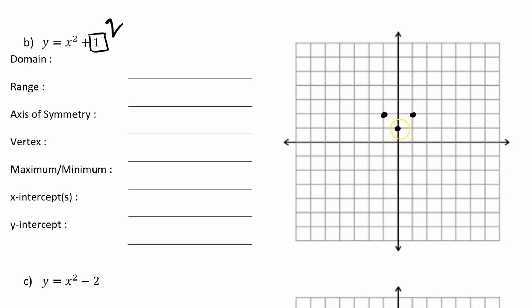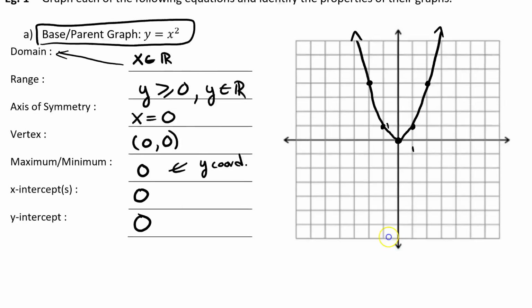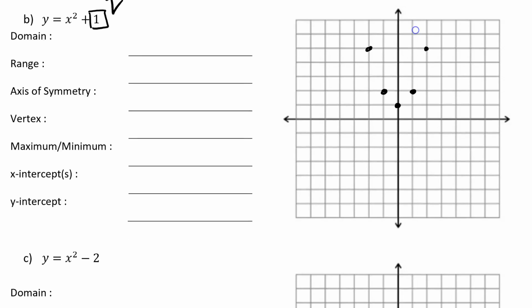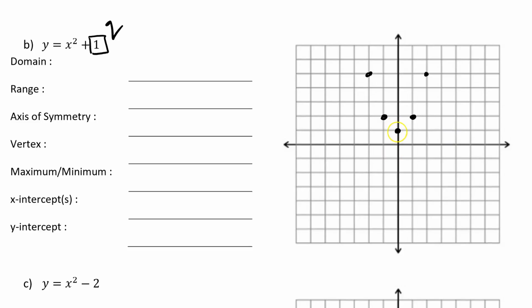And now I go to the vertex again and I go over 2, up 1, 2, 3, 4. And I do the same thing over here. Just like I would go to my mother function here and go 1, 2, 1, 2, 3, 4. Now what I'm going to do is make a nice curve to that, make a nice curve to that. Great. Now I can analyze it.